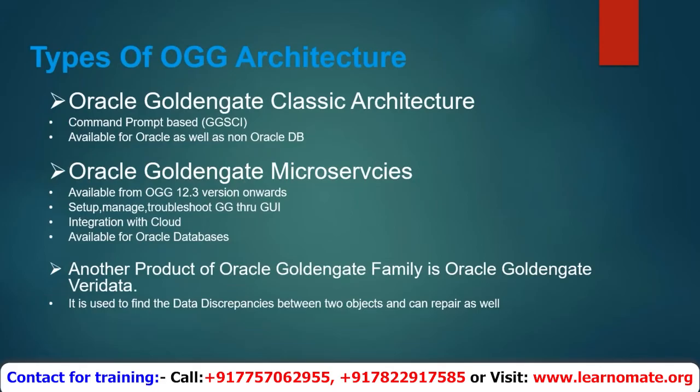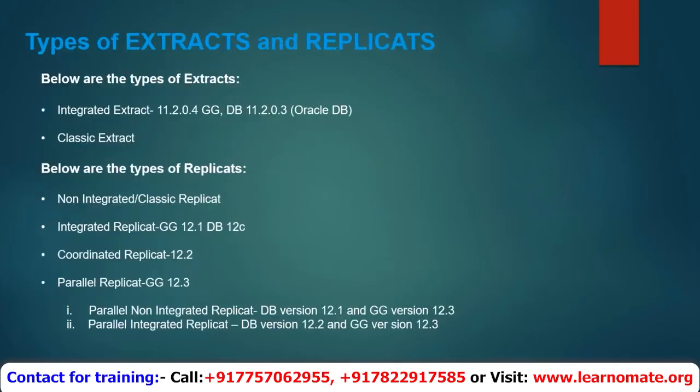So integrated is a type of extract. The reason why people get confused is we have two types of architecture, classic and microservices. So microservices is a type of architecture of GoldenGate. However, integrated is a type of extract and a type of replicate in Oracle GoldenGate.